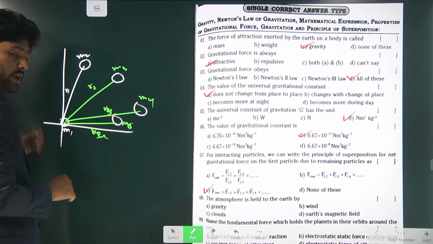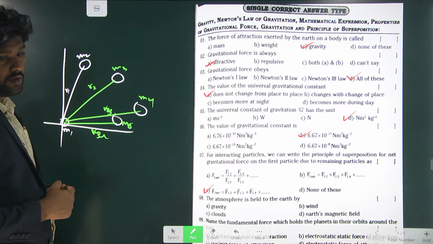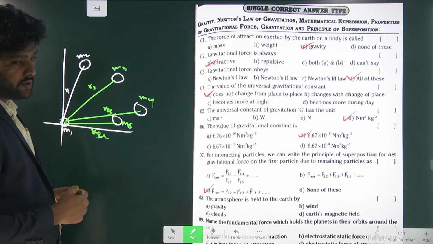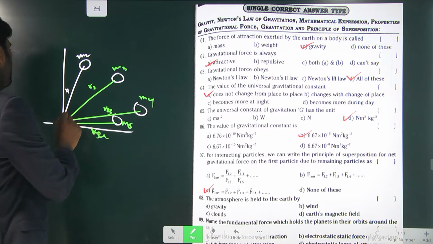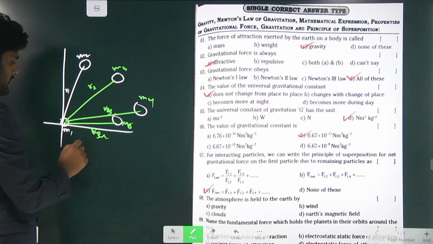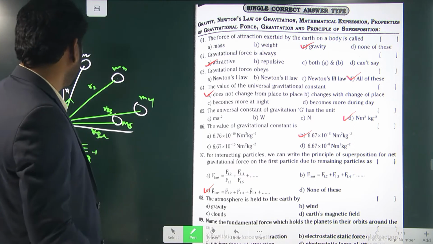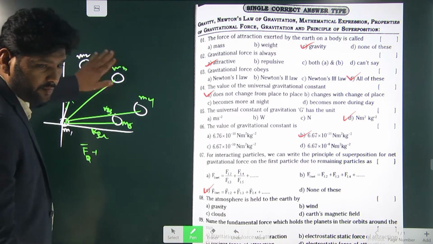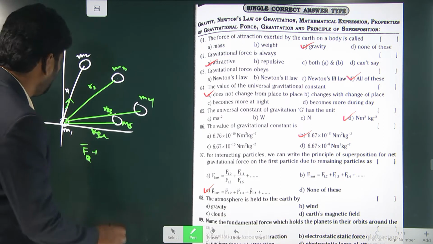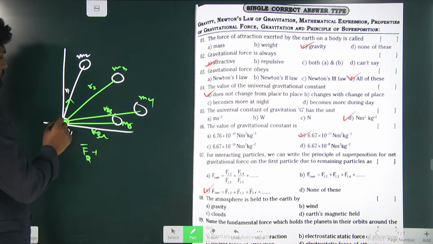This is the way many masses are present.